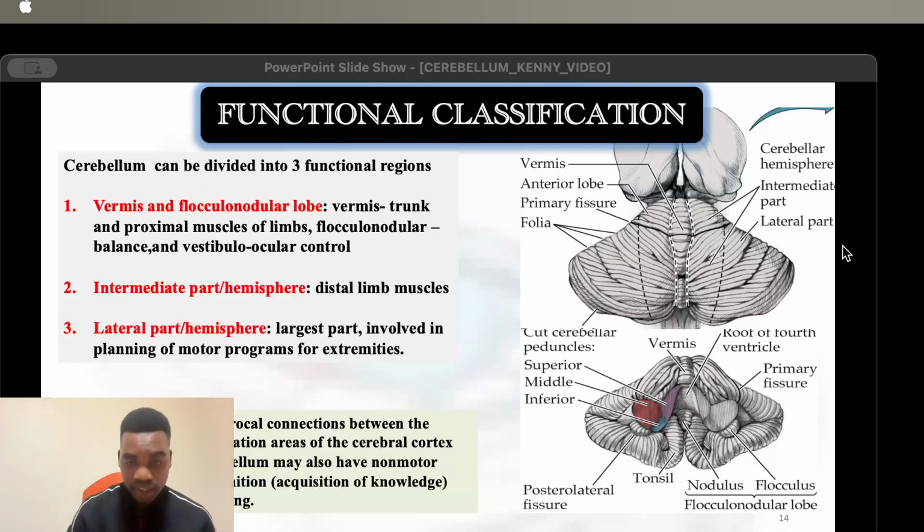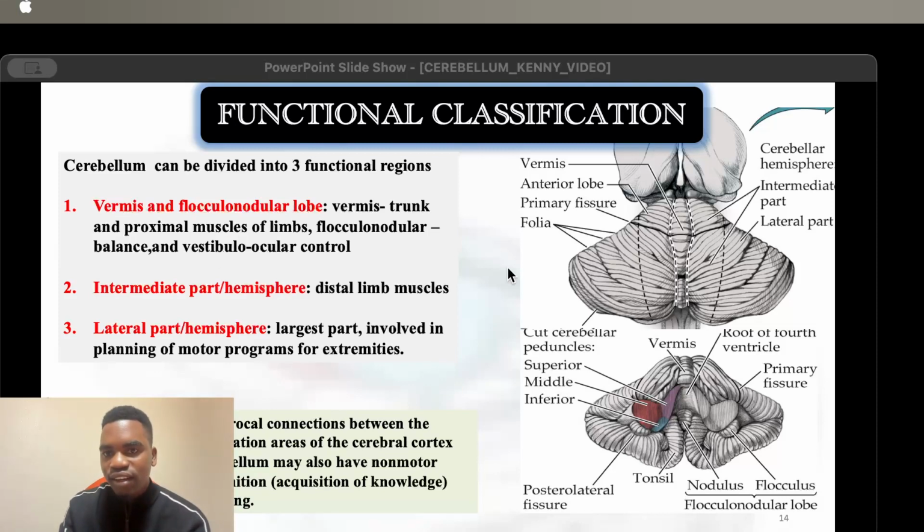So the very first functional part of the cerebellum is formed by the vermis and the flocculonodular lobe. The vermis controls the muscles of the trunk and the proximal muscles of the limbs.